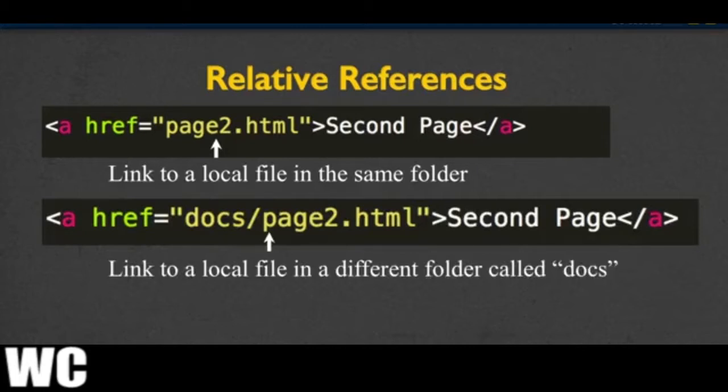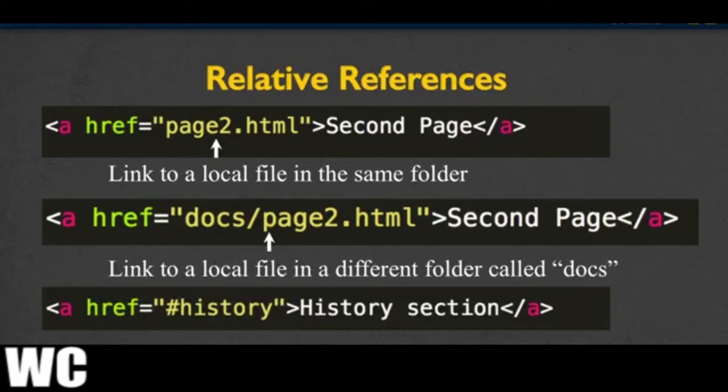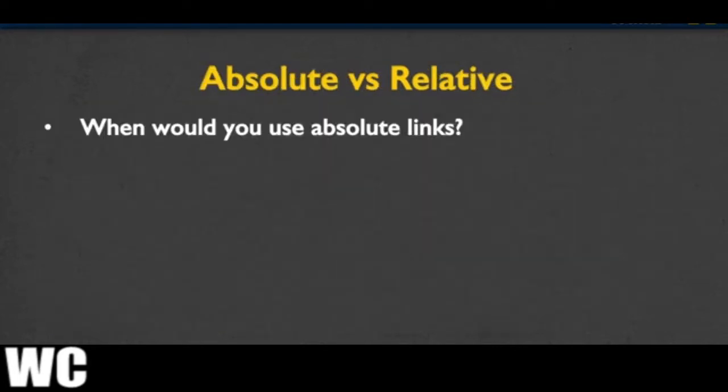So in this case, we'd be going to the file called page2.html, but it's in a different folder called docs. The third way we can use a relative reference is to use the ID tag. So when you have href equals #history, we're saying there's another location inside this same file, and it's called history.